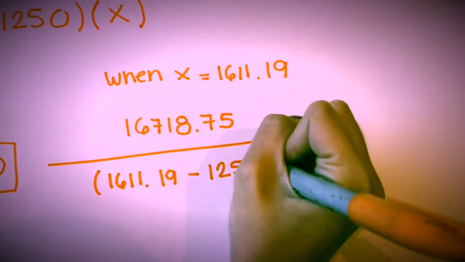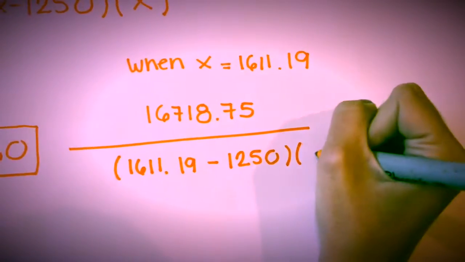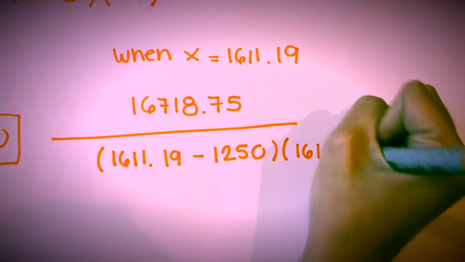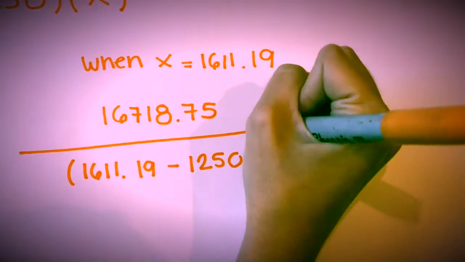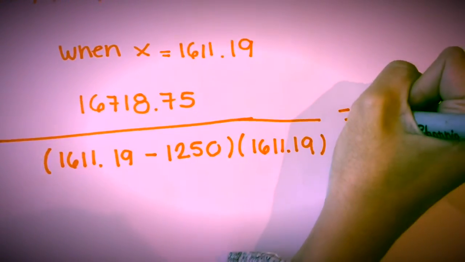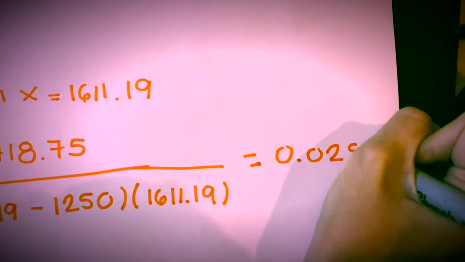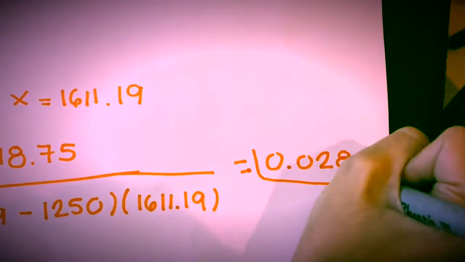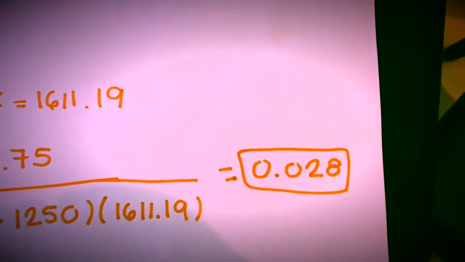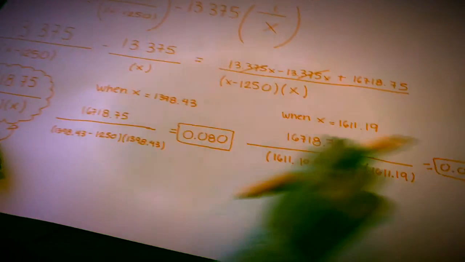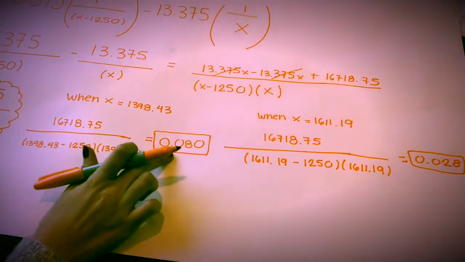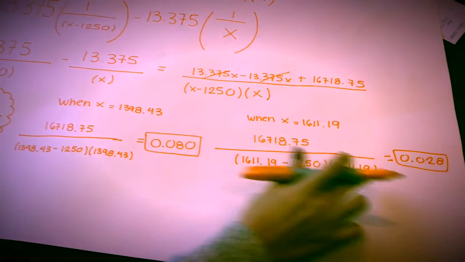We put that on the calculator and it gives us an answer of 0.028. So, the instantaneous rate of change when x equals 1398.43 is 0.080, and when x equals 1611.19, it is 0.028.